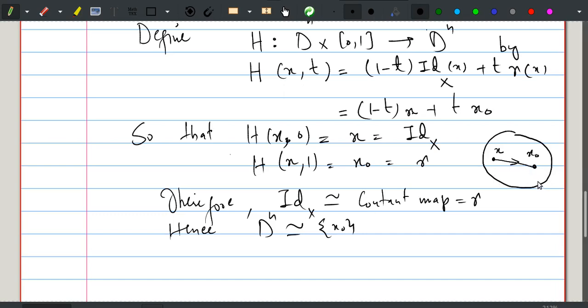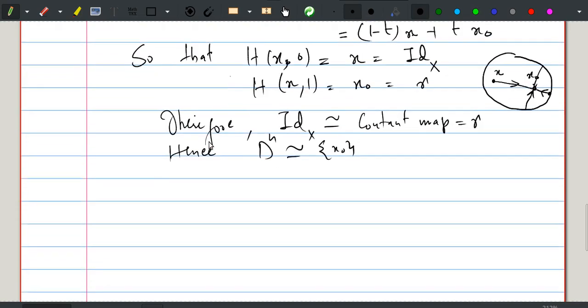Similarly, if we take x here, it takes this x to x0 along this direction. So all points are moving to this point x0 along all directions. So this space is going to contract to this point. So this is the candidate for our homotopy. So this Dn will be homotopic to this point x0.